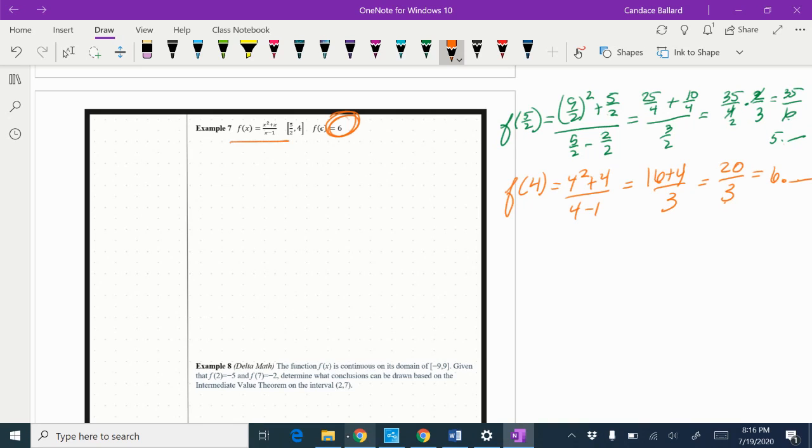So first thing we state, we have to be continuous in the interval because we know that it's not continuous at 1, but 1 is not in between 5 halves and 4. So with the interval we have, it is continuous.